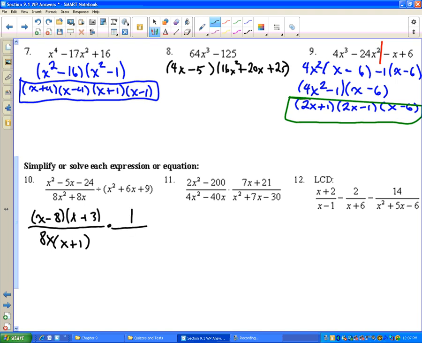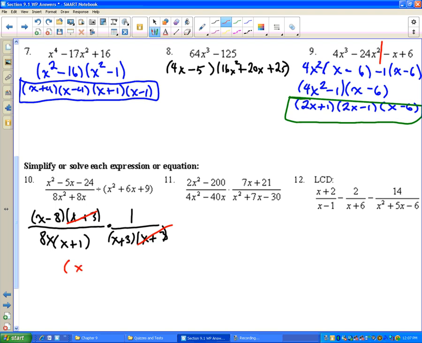1 over what multiplies to be 9 and adds to be 6. That's going to be x plus 3 squared, but I'm going to write it as x plus 3 times x plus 3. My x plus 3's here cancel, and that is all that cancels.